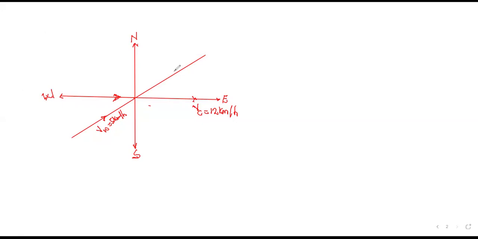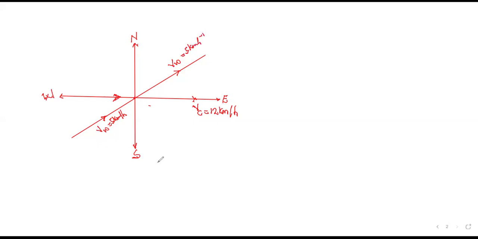Vectors are equal if they have the same magnitude, direction, and are parallel to one another. So we can bring it here, and this will also be the same as the velocity of the wind from southwest. Please, are we okay?